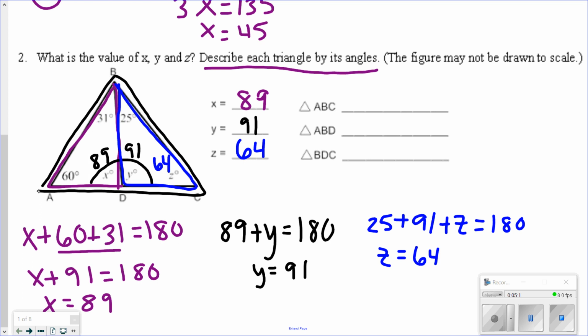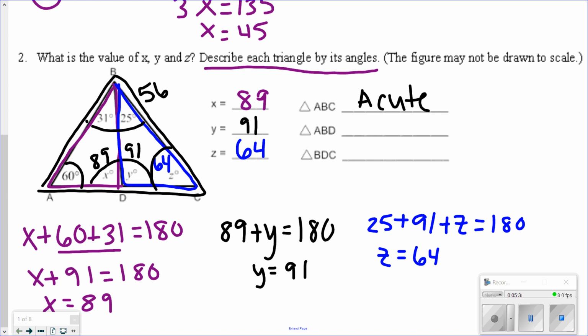So to classify it by its angles, I need to look at them and add them up. I see this one is 60, this one is 65. What is this angle? Well, when you add those up, you get 56. So this would be an acute triangle. All three angles are less than 90 degrees.